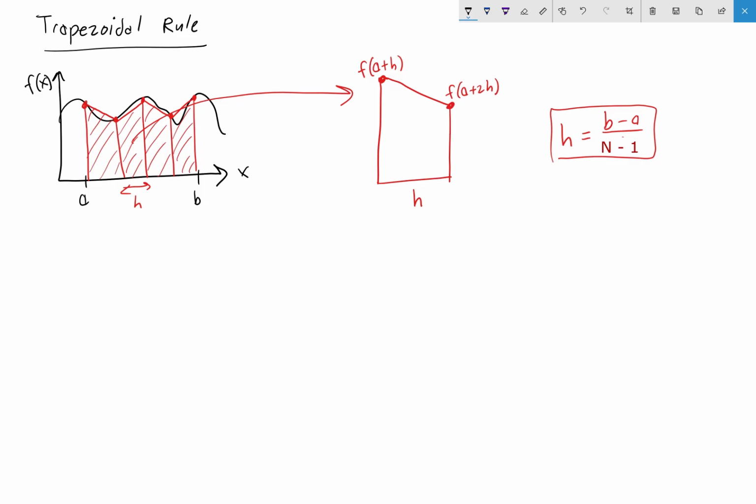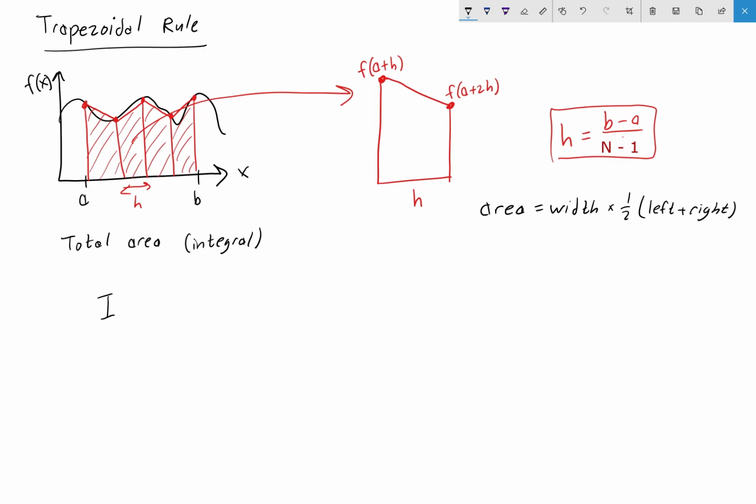So for a trapezoid, the area of that trapezoid is equal to the width multiplied by the average of the left-hand side and the right-hand side. And so the total area under this curve, which is the same thing as the integral, is going to end up being equal to a bunch of these trapezoids side by side by side.